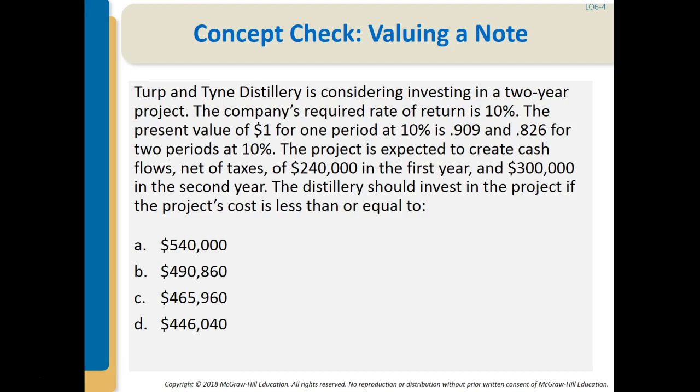So here we have another concept question. Turpentine Distillery is considering investing in a 2-year project. The company's required rate of return is 10%. The present value of a dollar for 1 period at 10% is 0.909, and 0.826 for 2 periods at 10%.